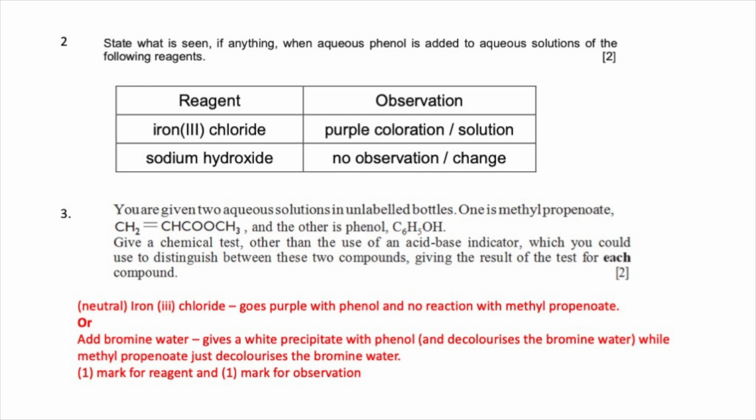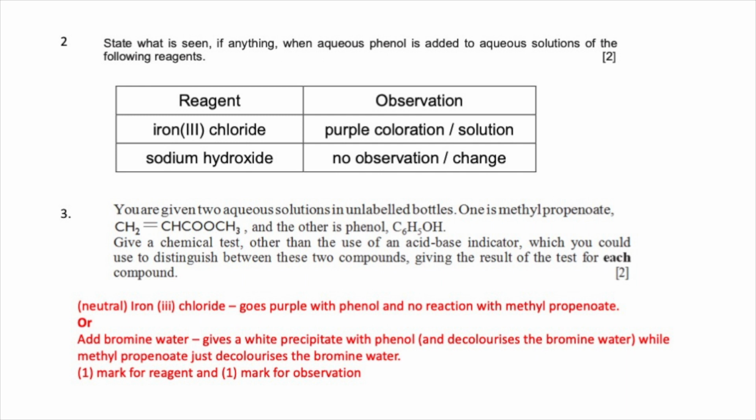So question 3 is asking you to come up with a chemical test, other than the use of an acid-base indicator, to distinguish between methyl propanoate and phenol. Well, phenol can be tested for using neutral iron(III) chloride, and it would go purple with phenol and no reaction with methyl propanoate.